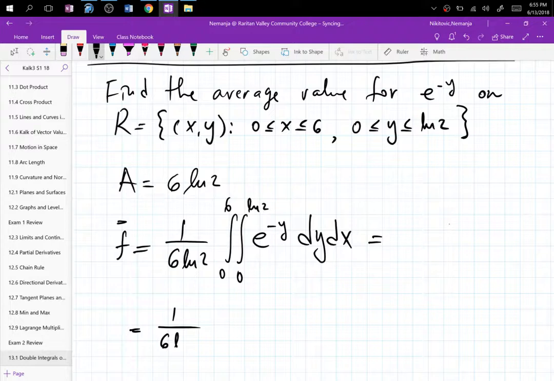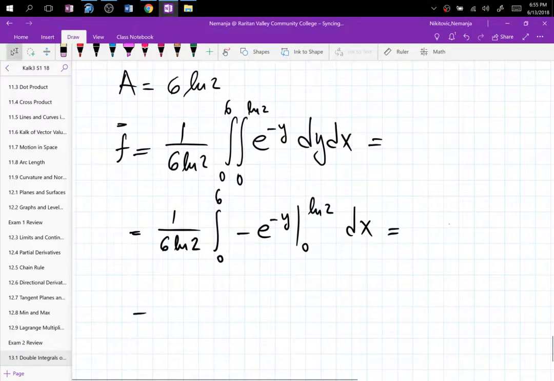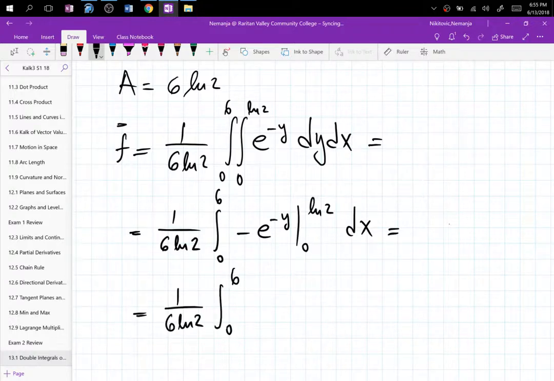I have 1 over 6 ln2, integral 0 to 6. The integral of e to the negative y is negative e to the negative y, computed from 0 to ln2, and I still have dx. Now, when I plug in ln2, I'm going to write this as negative 1 over e to the y.